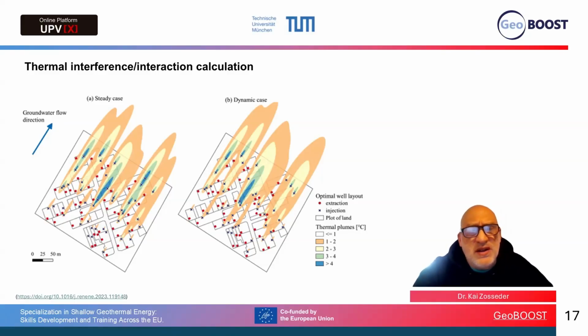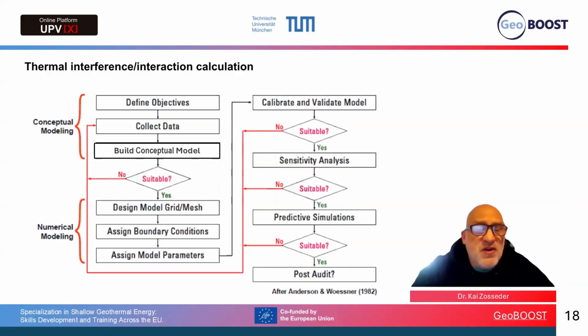So if you simulate that in a dynamic case, then the thermal plumes are maybe not so large anymore, and you can implement a lot more systems which are not influencing each other in a negative way. So it's quite good to simulate that also in a dynamic case. And of course, if you have to put up a numerical model, then first of all, you have to gather all data for the geological and hydrogeological conditions and build up a hydrogeological model and then transfer that to a numerical model.